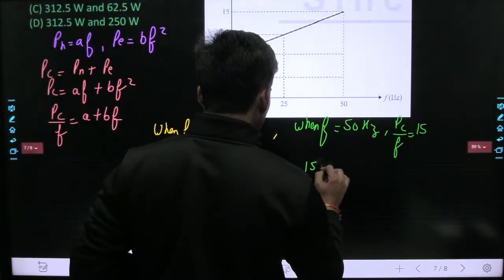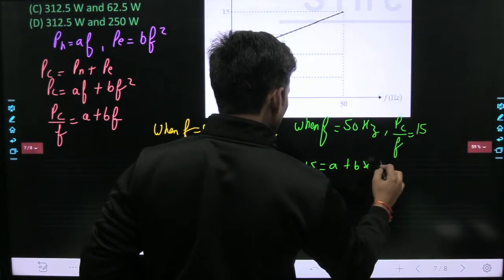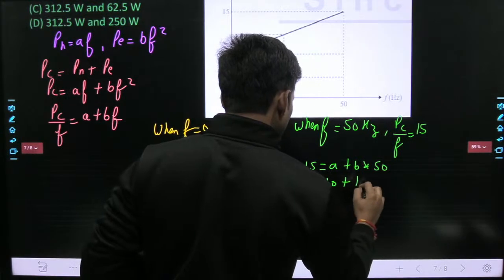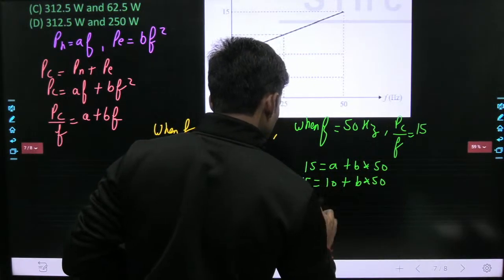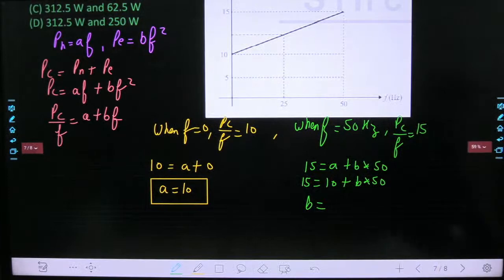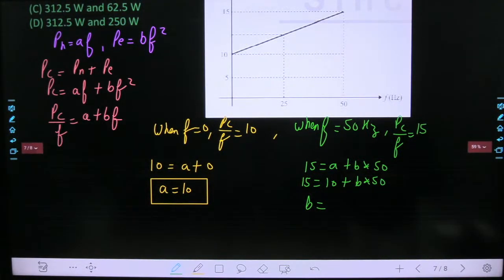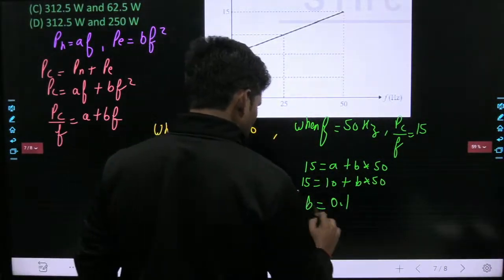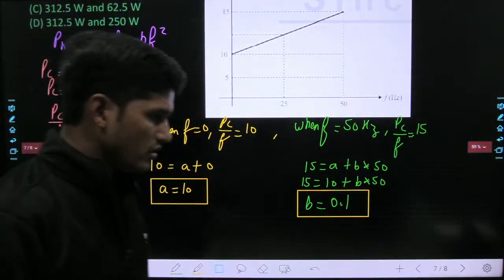So it becomes 15 equal to A plus B into 50. So 15 equals A, that is 10, plus B into 50. So the value of B would be 0.1.